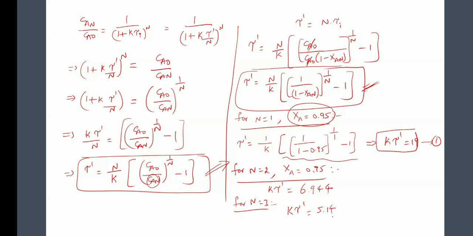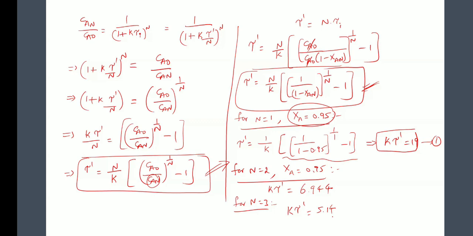See, for what kinetics are we solving this problem? What is the order of the reaction? First order reaction. This is only for first order reaction taking place in n number of CSTRs, and this is the expression. What is that expression? Tau dash is equal to n by k into Ca naught by Can, whole to the power of 1 by n minus 1. This you should remember for the first order kinetics.